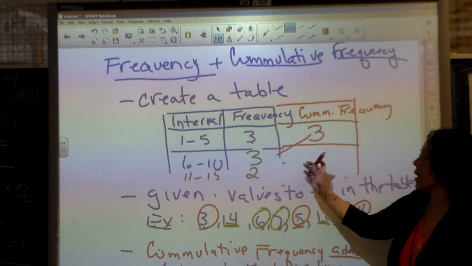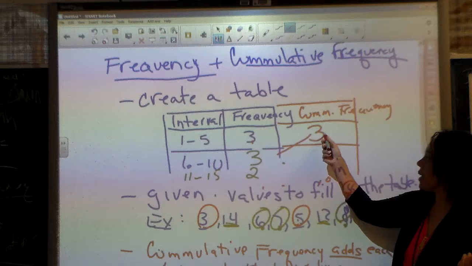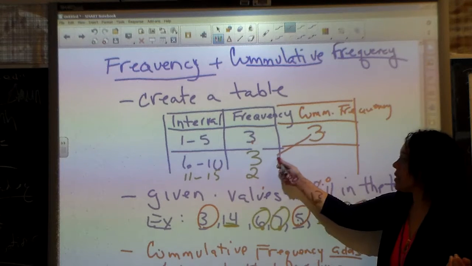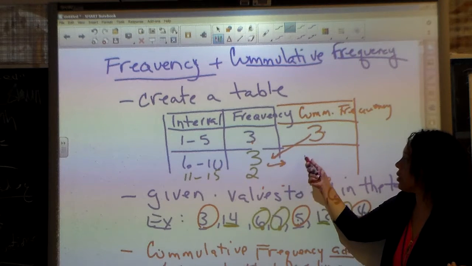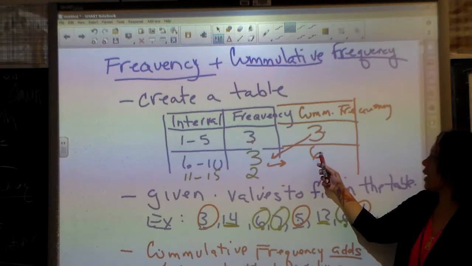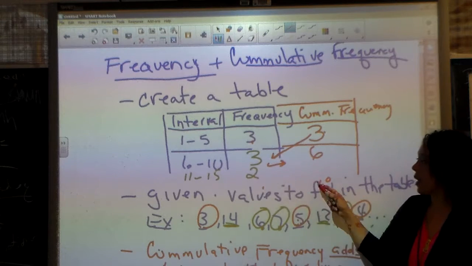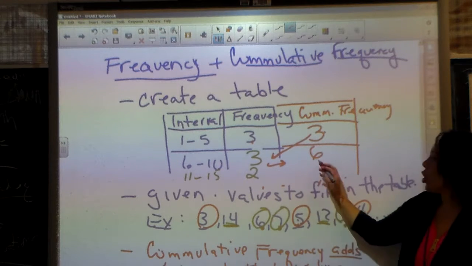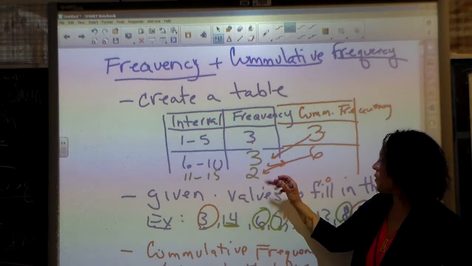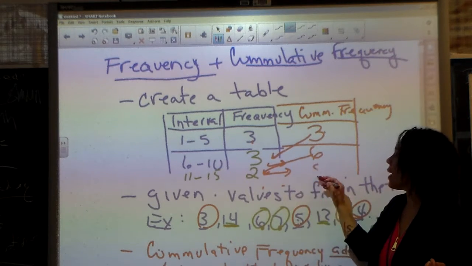But then in my next line, 6 through 10, there were also 3. So I'm going to take this 3 plus that 3 and get a running total of 3 plus 3 is 6. So I'm always adding in the cumulative frequency column whatever was my next number. So from the 6, if I added the next group, 6 plus 2 will give me 8.